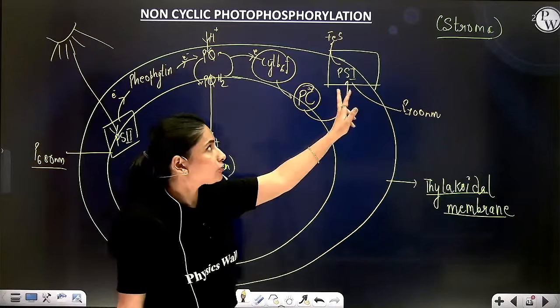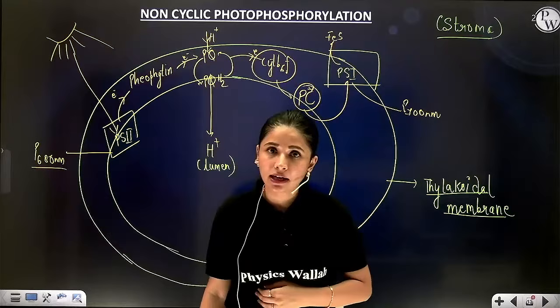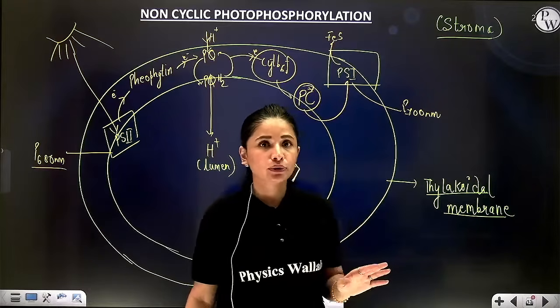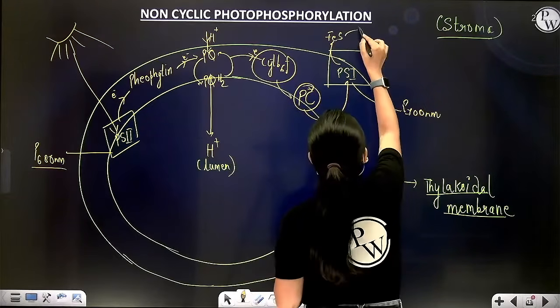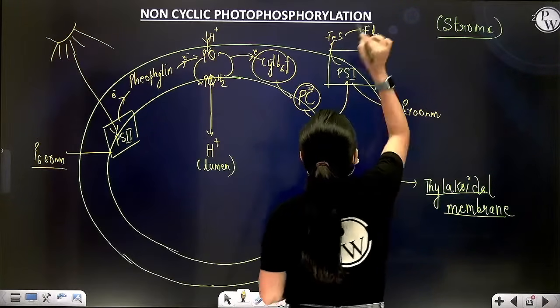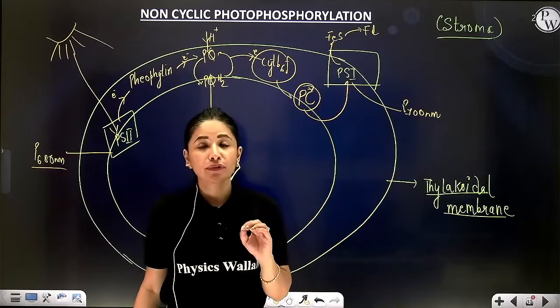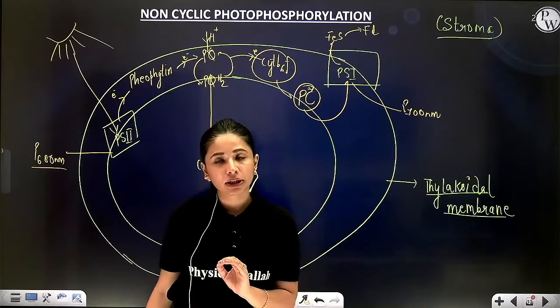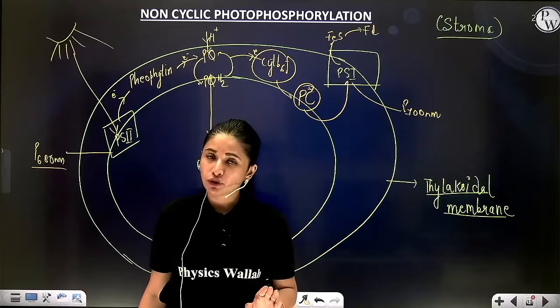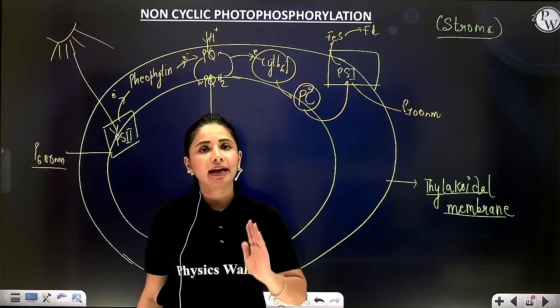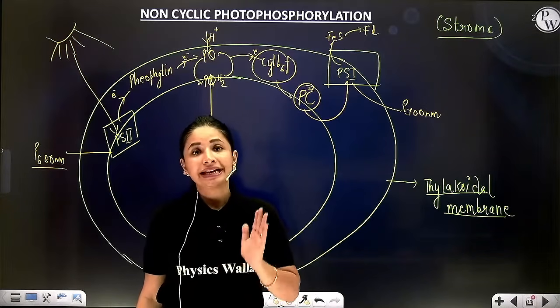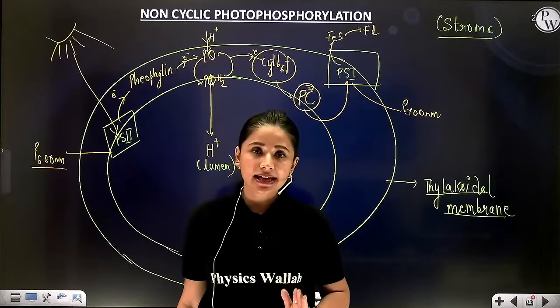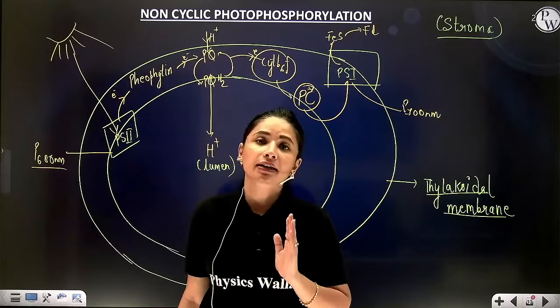Meanwhile, the electron from PS1 is with iron sulfur. It is also not going to keep it. It is going to pass it to another electron acceptor called ferredoxin. Ferredoxin is also an electron acceptor, but it is not going to keep it for long. And finally, the electron from ferredoxin is accepted by the enzyme NADP reductase.